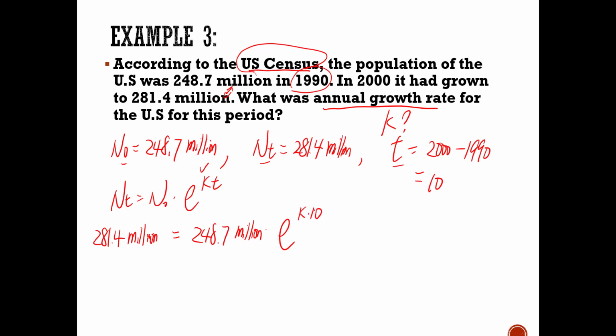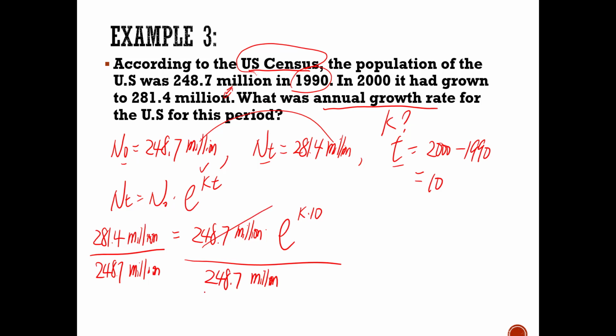And as you can see, since they have the same unit on both sides of the equation, that's why we didn't expand it. Same unit, when you divide 248.7 million from both sides of the equation, we'll be able to cancel the millions, the unit.